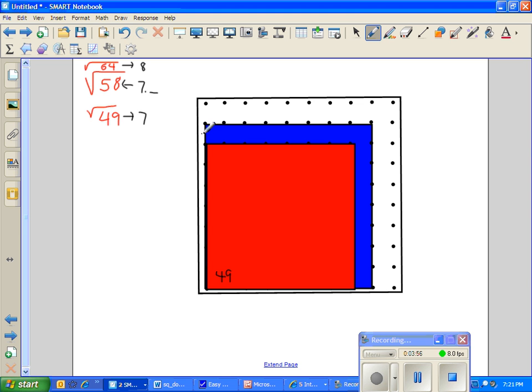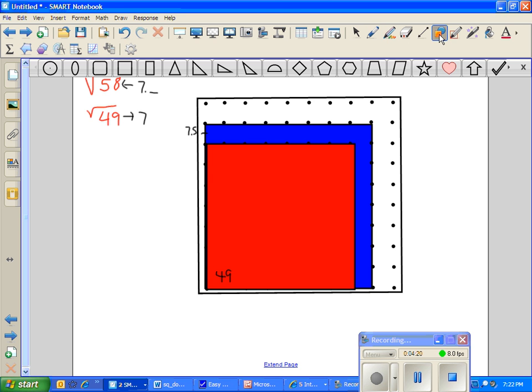So like we could say right here is the 7.5. We need to figure out if that square that's going to have a 58 area would stretch higher than 7.5 or lower than the 7.5 and still be bigger than the red but smaller than the blue.